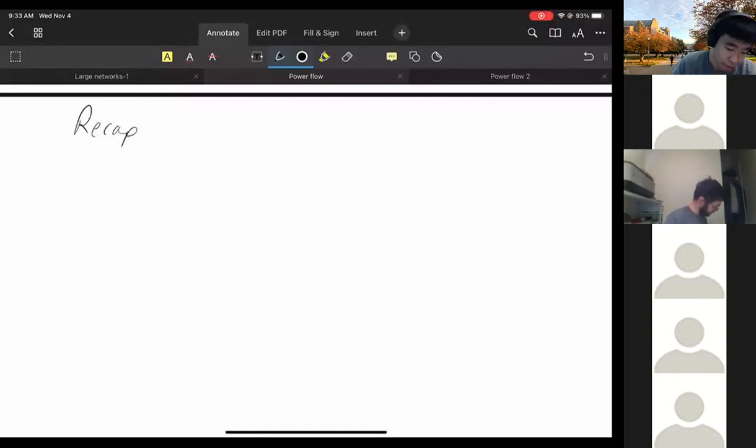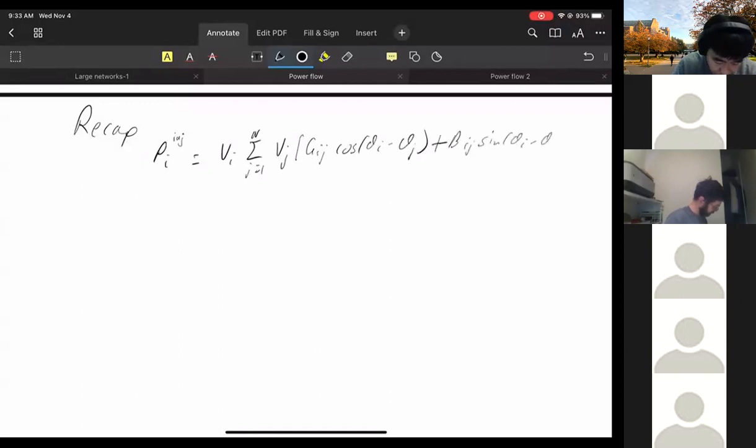Remember, we had P_i, the injection, as V_i times the sum over all nodes connected to i of V_j (G_ij cos(theta_i minus theta_j) plus B_ij sin(theta_i minus theta_j)). This is the active power flow equation.